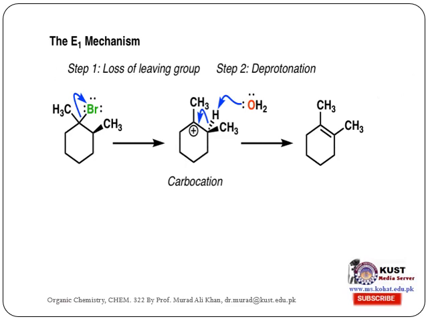So we can summarize here that the E1 mechanism is the loss of the leaving group in the first step, and the second step is the deprotonation. First, the leaving group leaves the substrate and a carbocation is formed, and then a double bond is formed between two carbons.